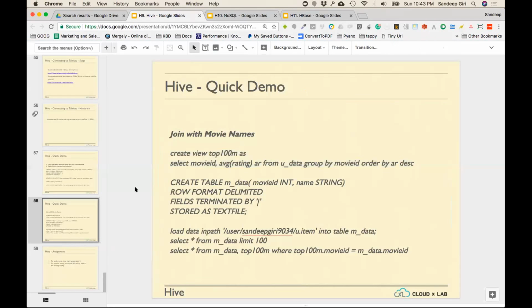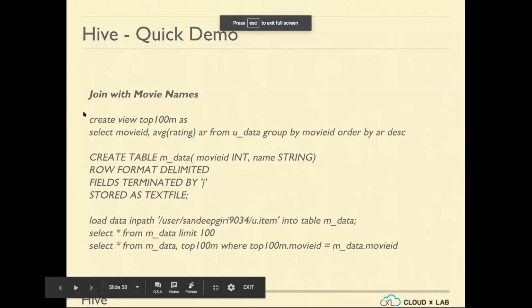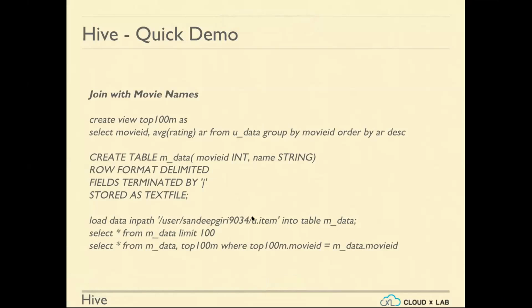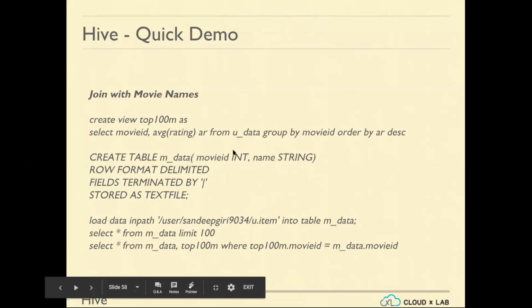So what I was trying to show you is how you can join between two tables. Here we have created another table called movie information, m_data, and we loaded it the same way we loaded our other table. Then we are joining it here. You can see select star from m_data, comma, top 100M.